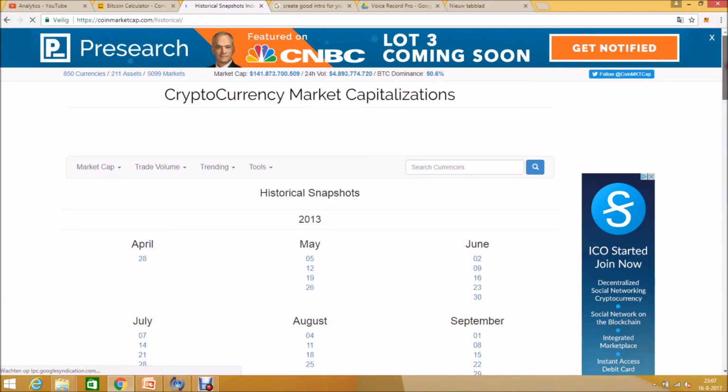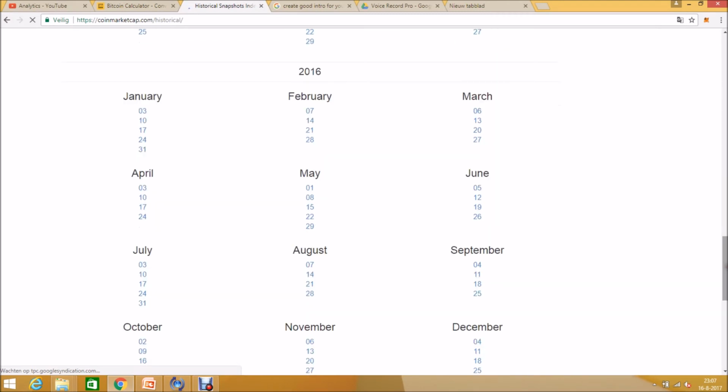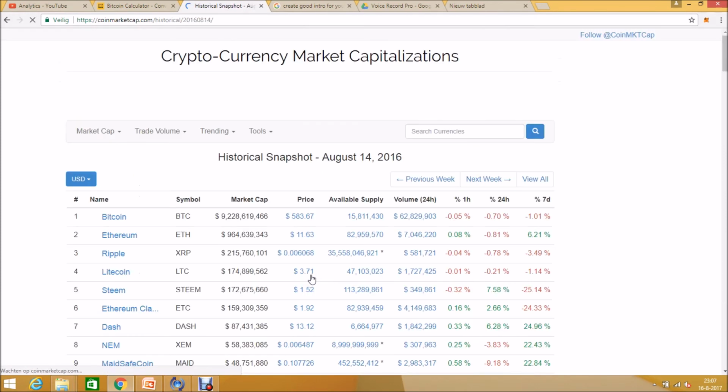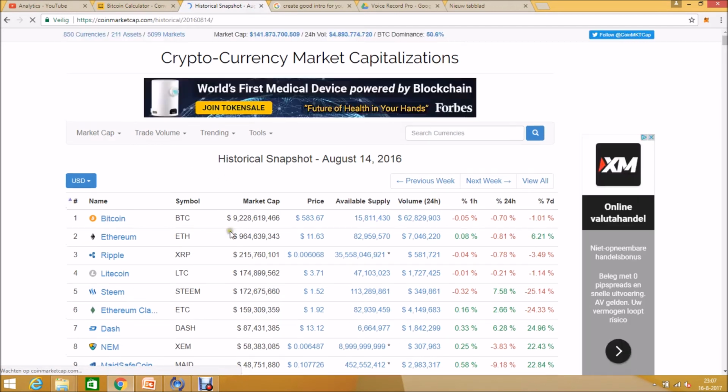If I want to look at last year, August, the 14th of August, I just click on it, and we get a snapshot of the data from all the coins that were available then and the price they had. As you can see, Bitcoin was $583. So you can look back this way at the market.